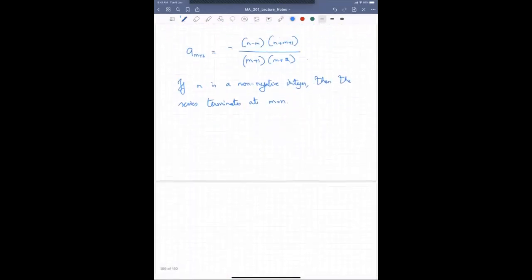This finite series, this polynomial solution, is called the Legendre polynomial. It usually goes by the name P_n(x).